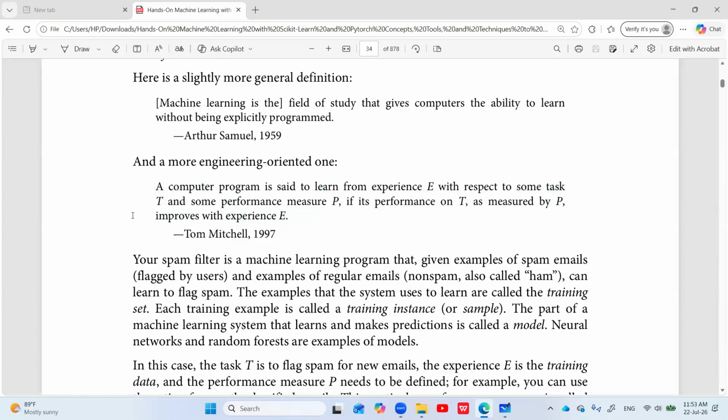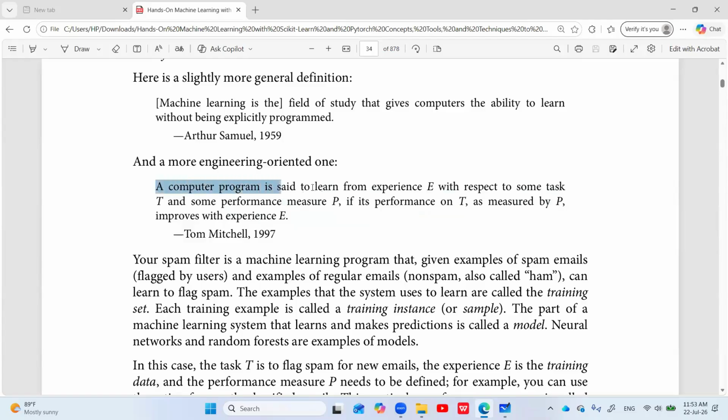A computer program is said to learn from experience E with respect to some task T and some performance measure P if its performance on T as measured by P improves with experience E. What does it mean? Engineering definitions are like that, guys, but don't be confused.